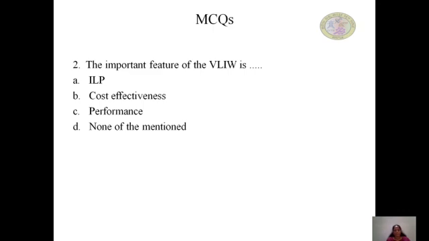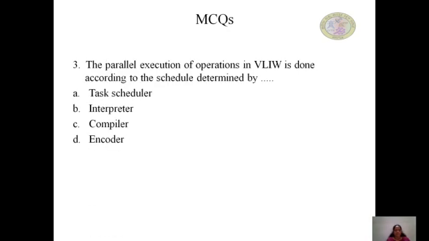So here the answer is instruction level parallelism, that is option A. The next question: the parallel execution of operations in VLIW is done according to the schedule determined by option A, the task scheduler, option B, the interpreter, option C, the compiler, and option D, encoder. So here the answer is C, that is compiler.